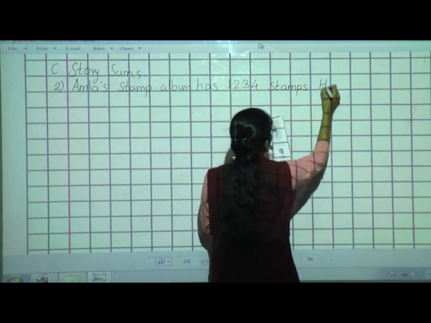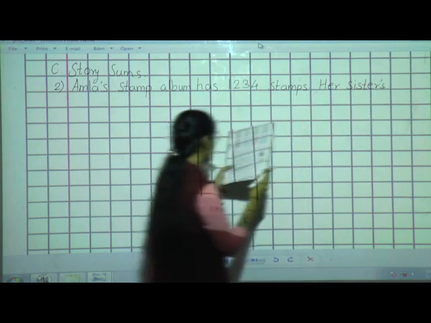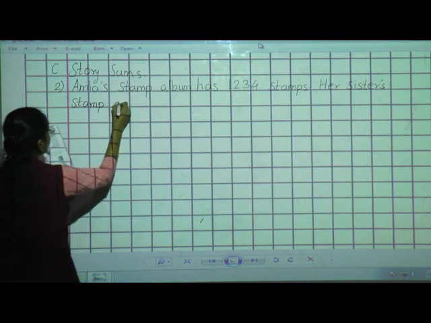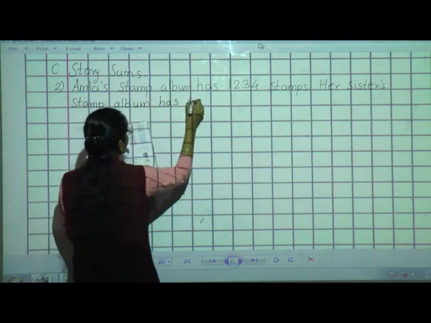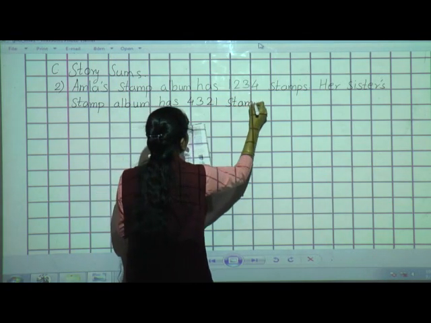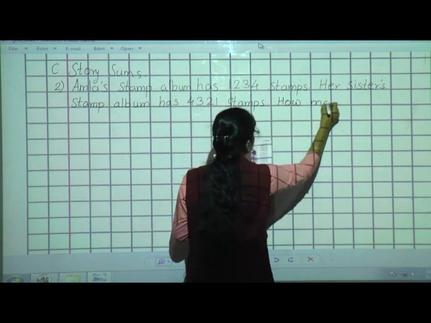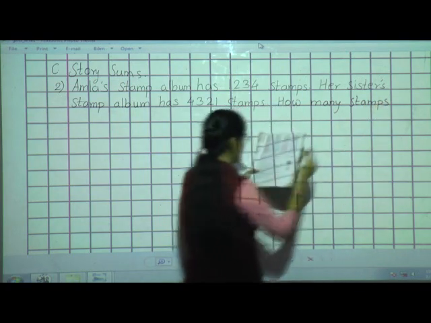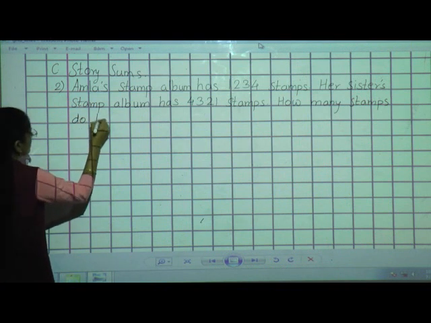Her sister's stamp album has 4,321 stamps. How many stamps do they have together?